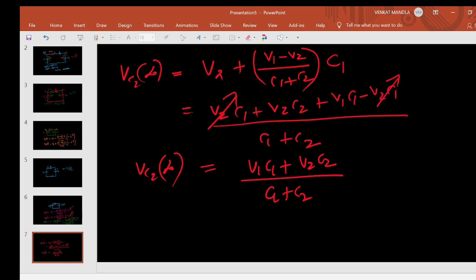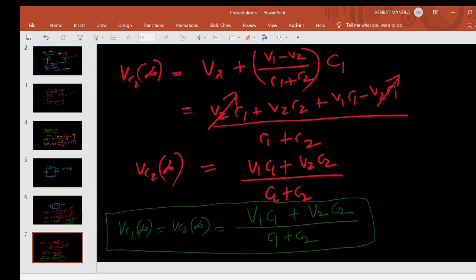That is the initial voltage V1 into C1 plus the initial voltage V2 into C2 by total capacitance. When these capacitors reach equal voltages, the steady state occurs and the current in the circuit is 0. And you can write this equation.